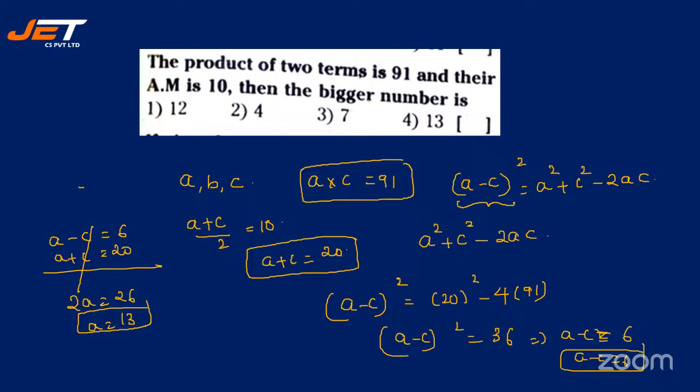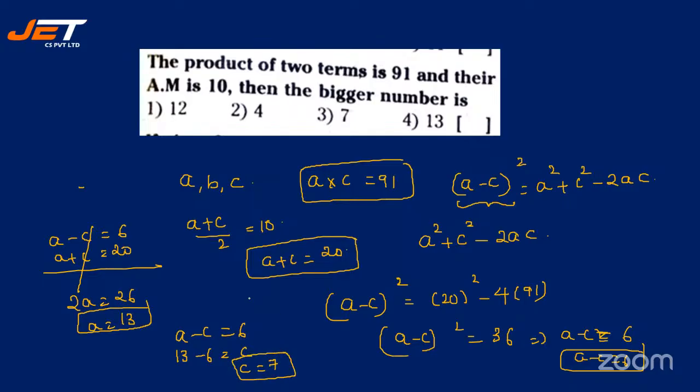Which is the bigger number. So we have found out A as 13. We can also find out the value of C. By substituting, A minus C is equal to 6, so 13 minus 6 is equal to C. So obviously C is going to be less than 13, so it would be 7.